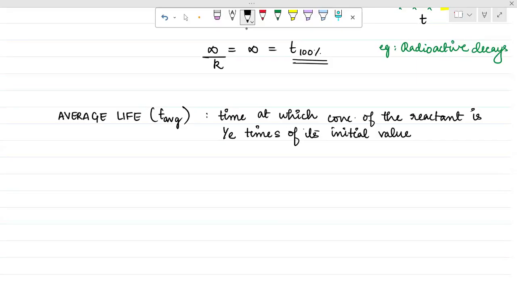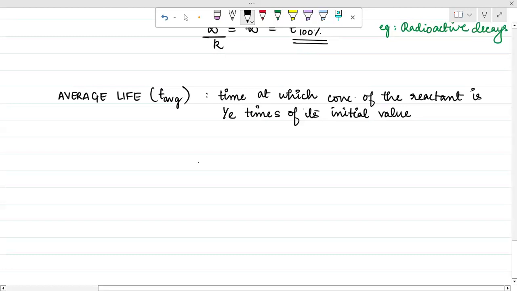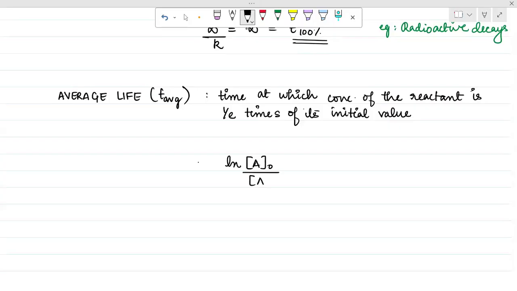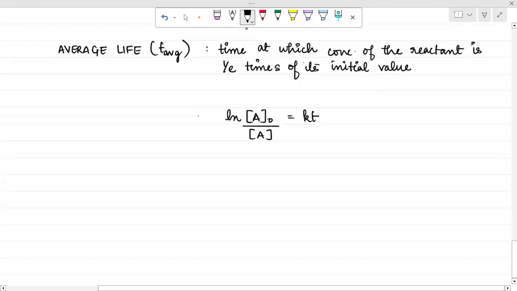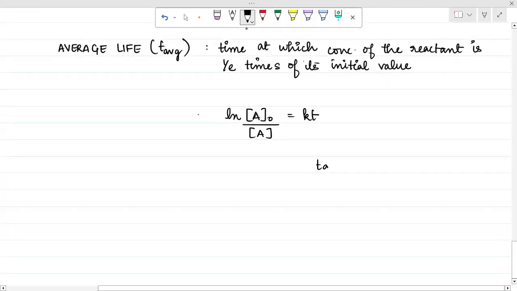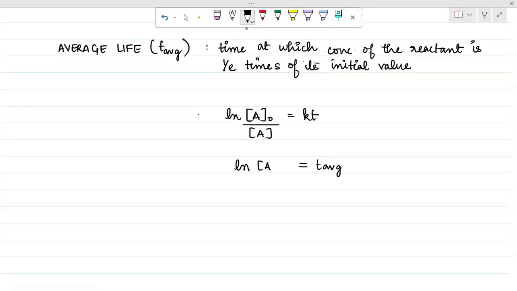Okay. So let's take the equation. We have ln of A naught by A is equal to KT. Write it each and every time so that it gets imprinted. Now at T average, it was said that the final concentration becomes 1 by E times of the initial, correct? 1 by E times of the initial value.